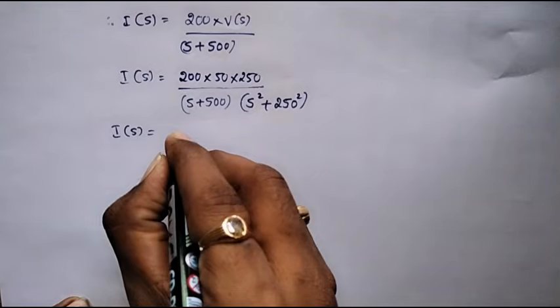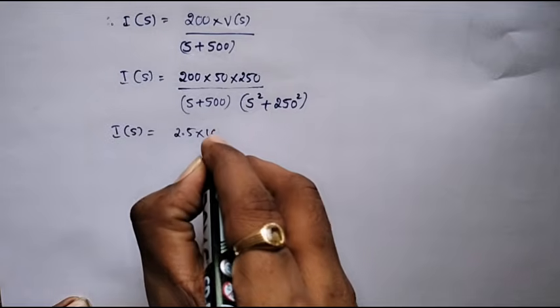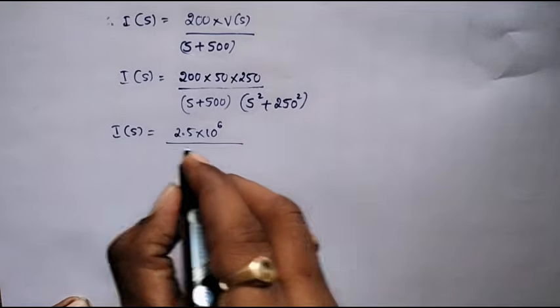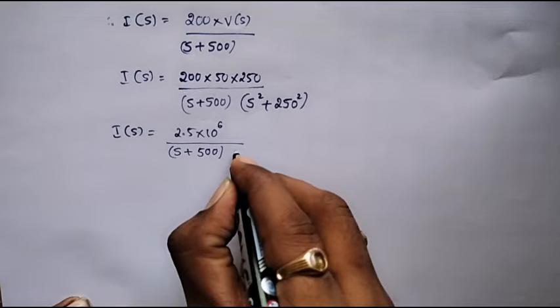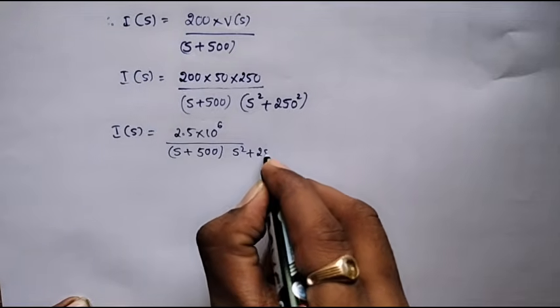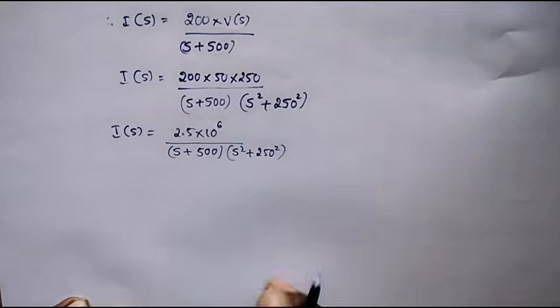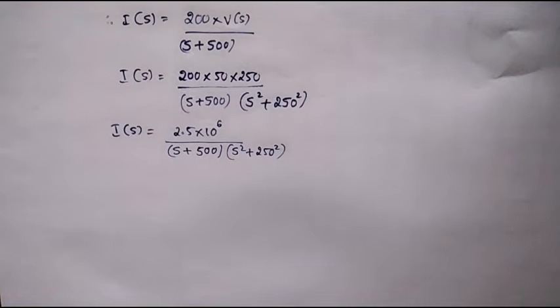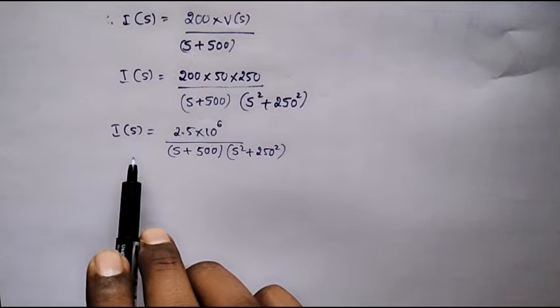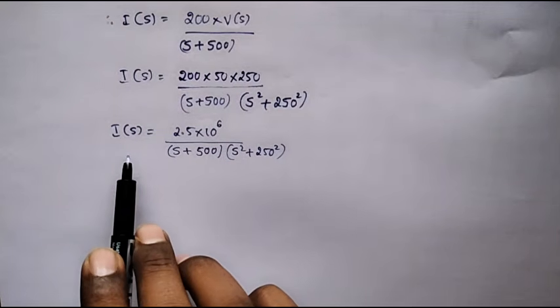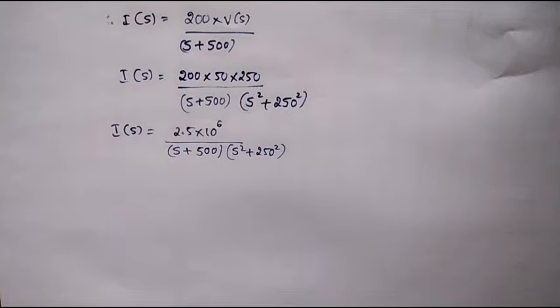That is 2.5 into 10 raised to 6 divided by s plus 500 times s square plus 250 square. So if we take the inverse Laplace transform of this equation, definitely we'll get i(t). Before that, we'll simplify this equation using the partial fraction method.